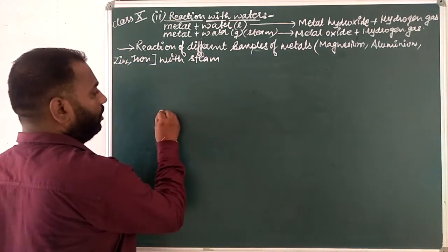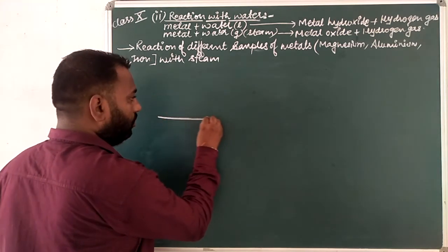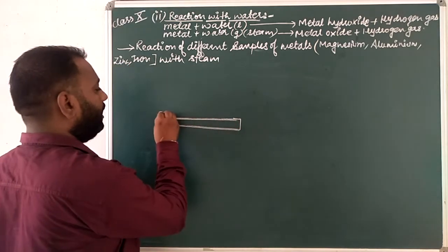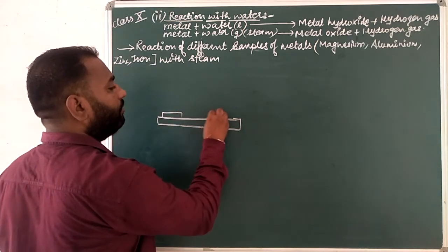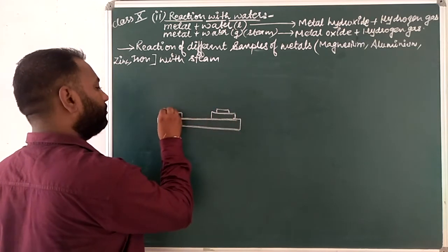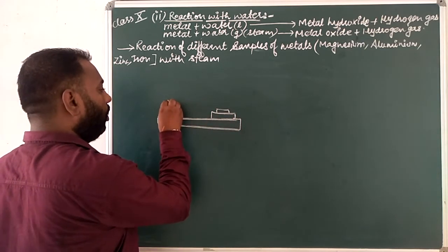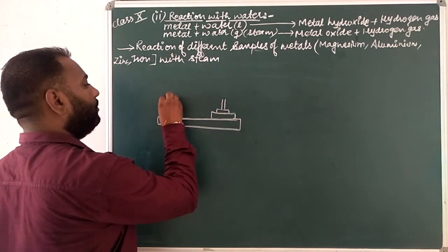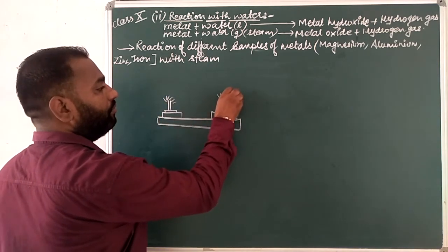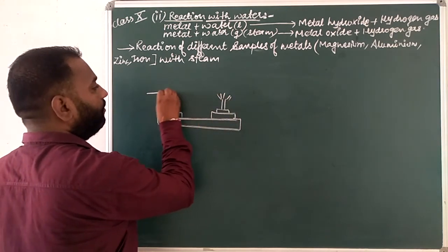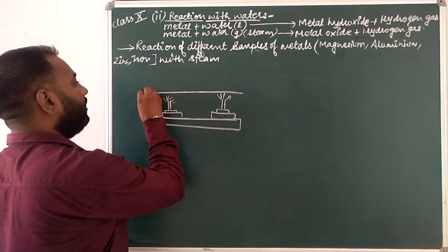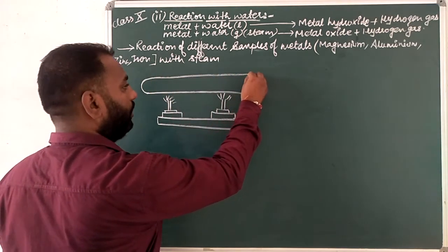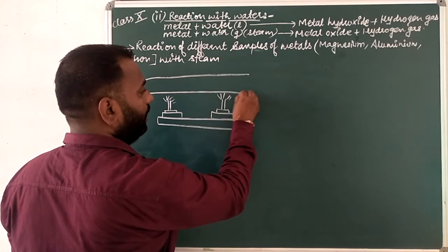Now we have one apparatus shown here. For that we are taking a board, and on that there are two stands, okay. On the two stands we have two burners, and on that burner we have one inverted boiling tube.